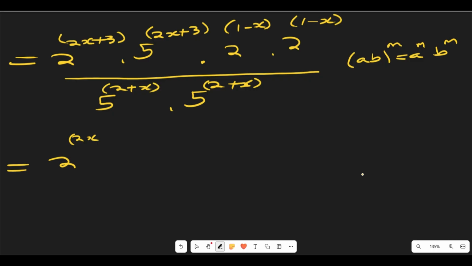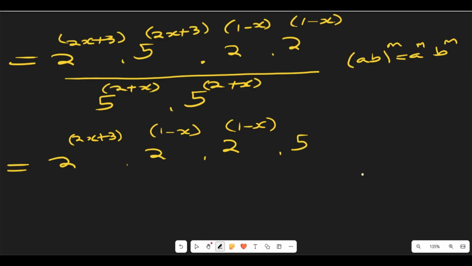Say 2 to the power 2x plus 3, and then multiplied by 2 to the power 1 minus x, like this. You should be extra careful here, because with one mistake, your answer will be terribly wrong. So we're done with the 2's on the numerator, but what's left is the 5.